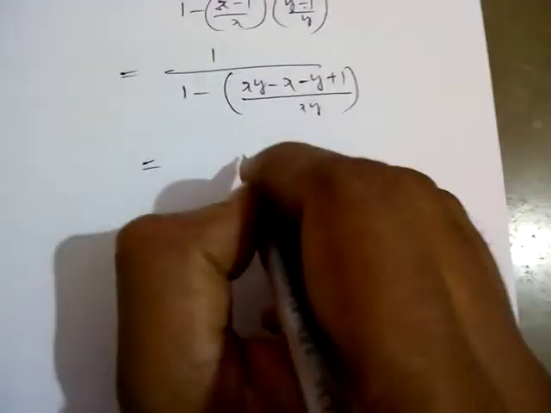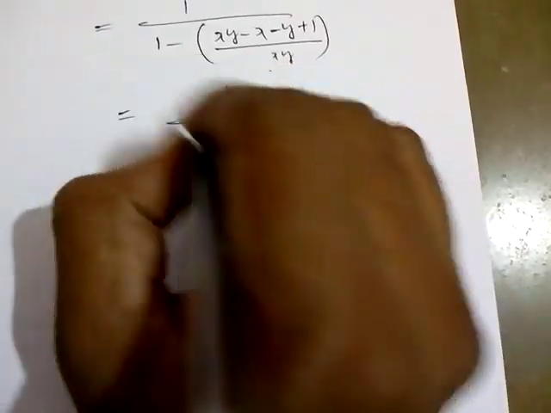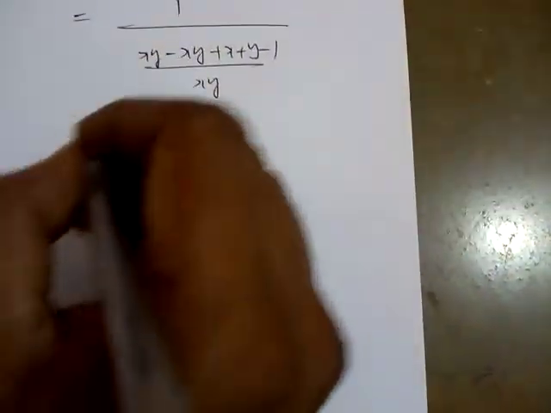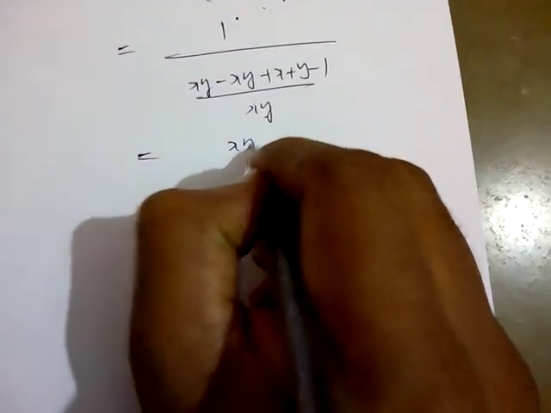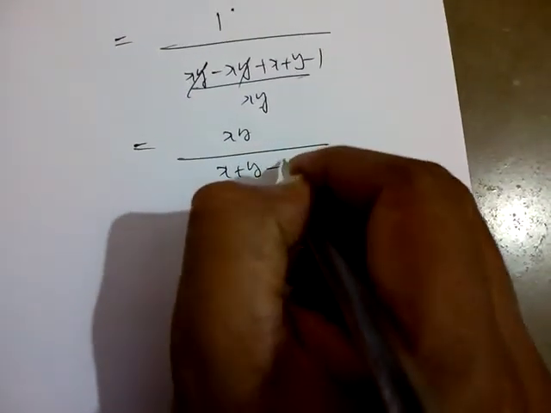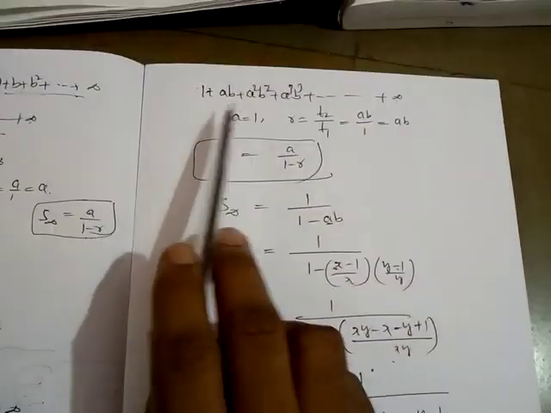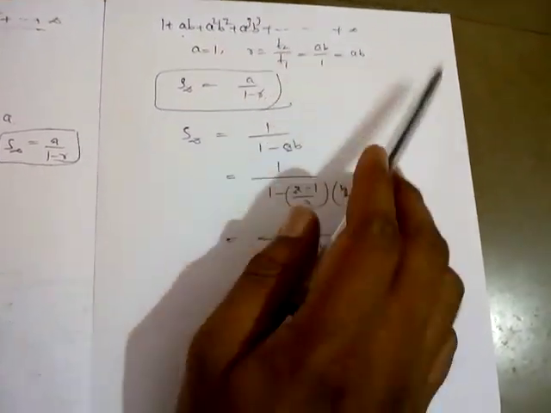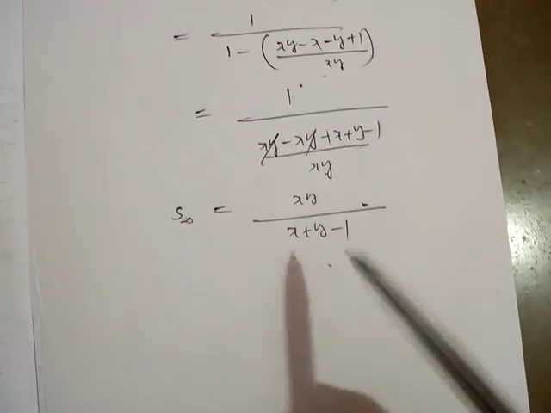Take LCM: xy minus xy plus x plus y minus 1. So transfer this one to this side. Xy by, plus x minus x cancels, x plus y minus 1. This is the sum of the infinite terms of the series 1 plus ab plus a square b square plus a cube b cube and so on. The result is xy by x plus y minus 1.